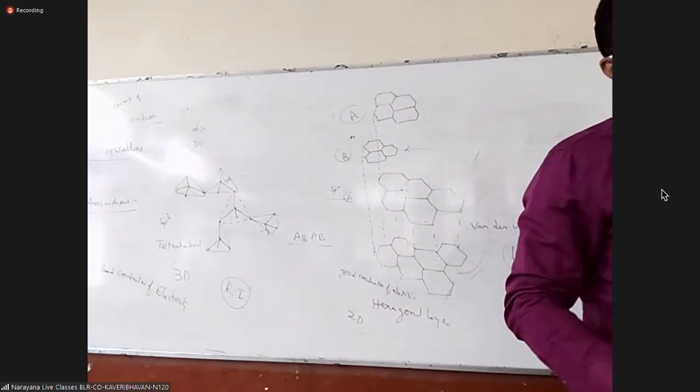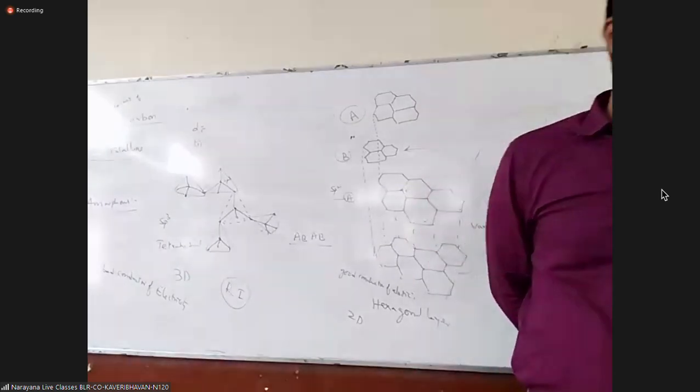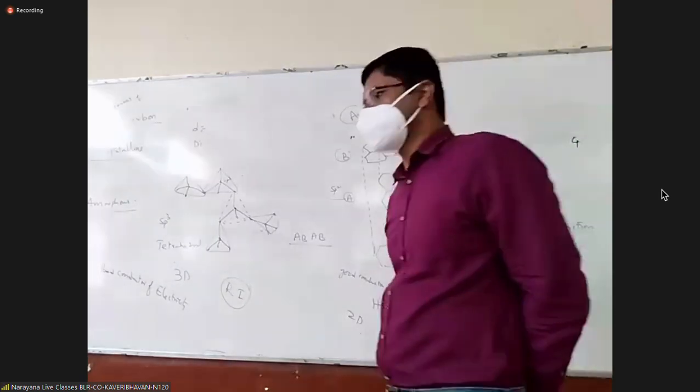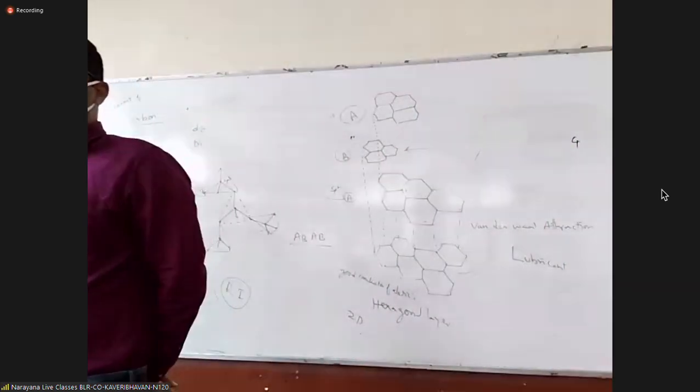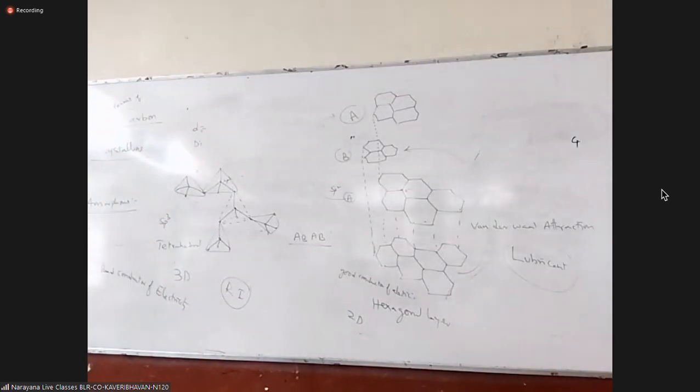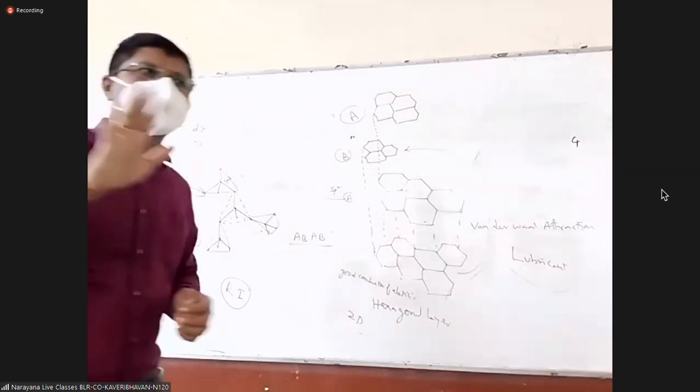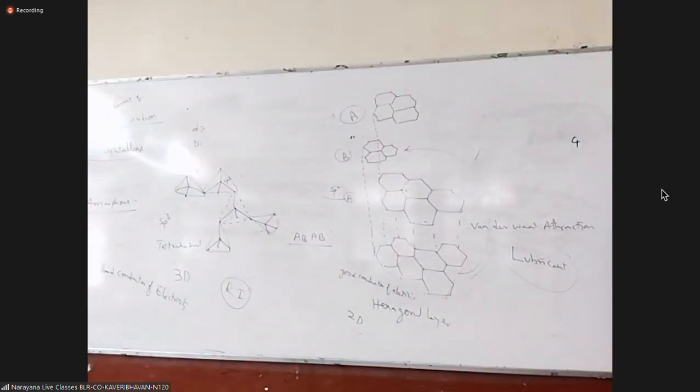Next, fullerene, the third variety of crystal. Which page number? 196. That is a soccer football. You can see 5-member rings and 6-member rings there. In the football, when you see the making, 5-member rings will be there and 6-member rings will be there. How many 5-member rings? How many 6-member rings?